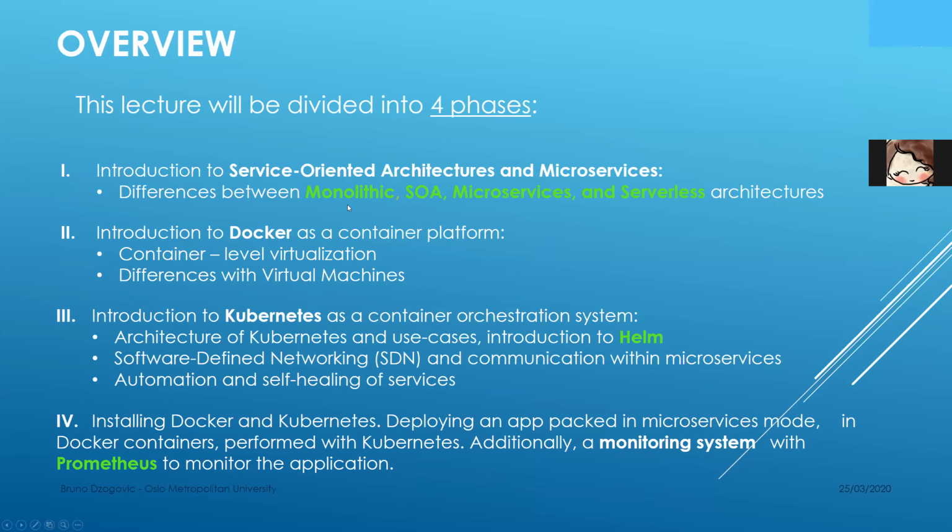Then we will see the difference between monolithic services, service-oriented architectures, and microservices, and I will mention something about serverless architectures. This is quite new, and it's becoming quite a thing. All the cloud providers are aiming for something like this. It's saving them a lot of money and also providing people with optimal service, so you don't have to pay for resources that you don't use. We will talk about it a bit later.